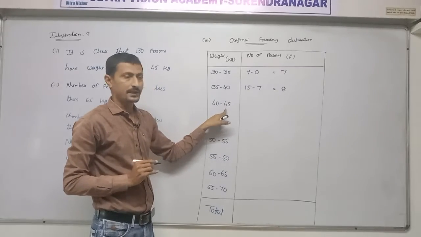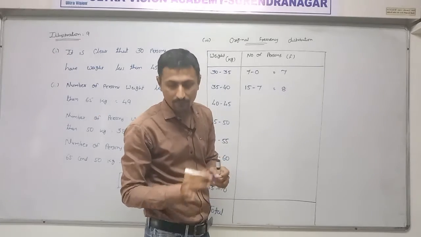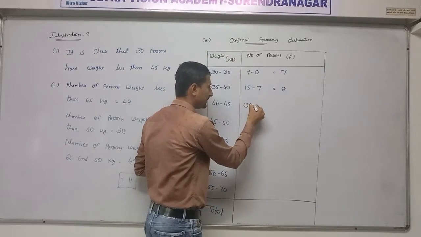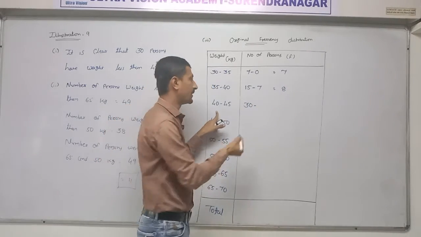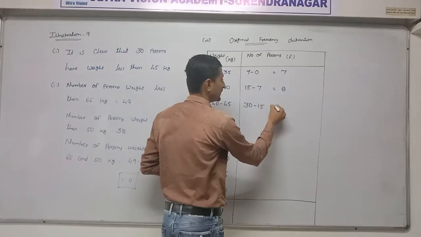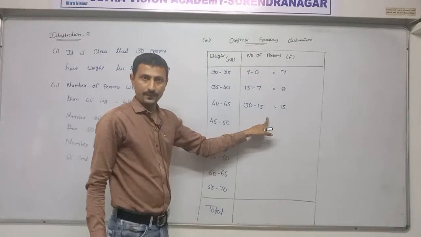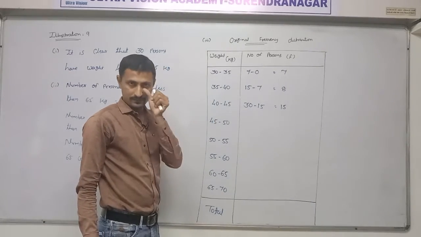Next, less than 45 cumulative frequency is 30, minus less than 40, which is 15. So 15 persons have weight between 40 and 45 kg.